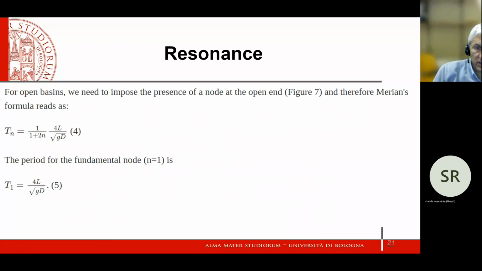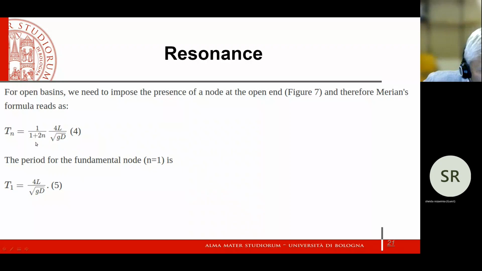If you put there n equal 1, you obtain 1/3, which multiplies 4L divided by GD, and the period for the fundamental node, n equal 1. One second, because I don't understand here.